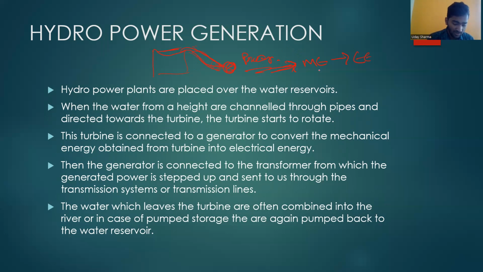Suppose the output of this generator is 11 kV, the transformer steps it up to 750 kV or so. The water which leaves the turbine is often released into the river, or in the case of pumped storage plants, it is pumped back to the water reservoir.